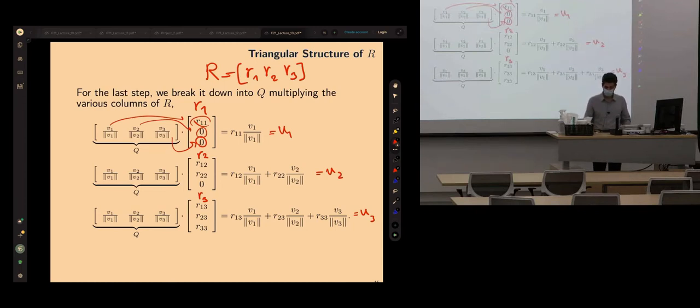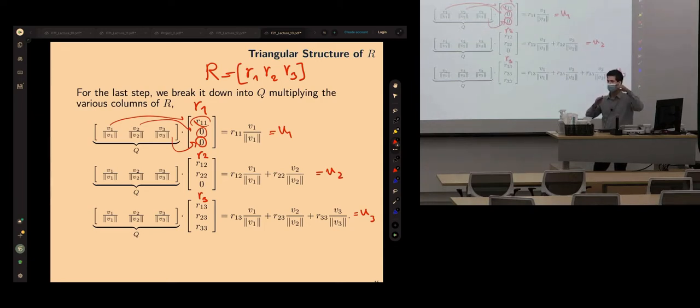So it is true that you can just have Q the way we talked about it, and R will be upper triangular. Because the way the Gram-Schmidt works, grab the first one, the second one involves the first one and the second one. The third one involves the first one, second one, and third one. So you always have this triangular structure.